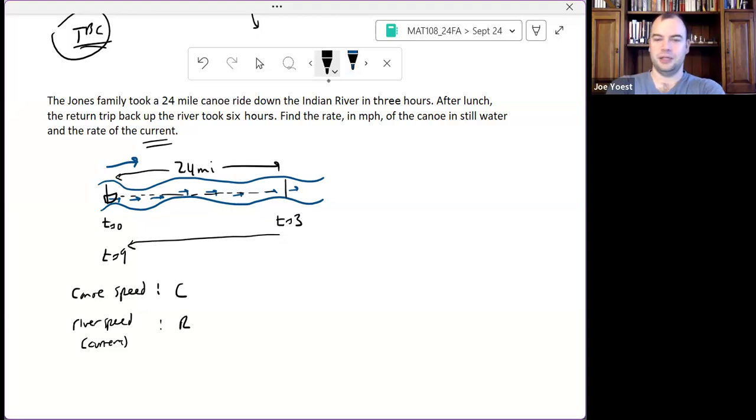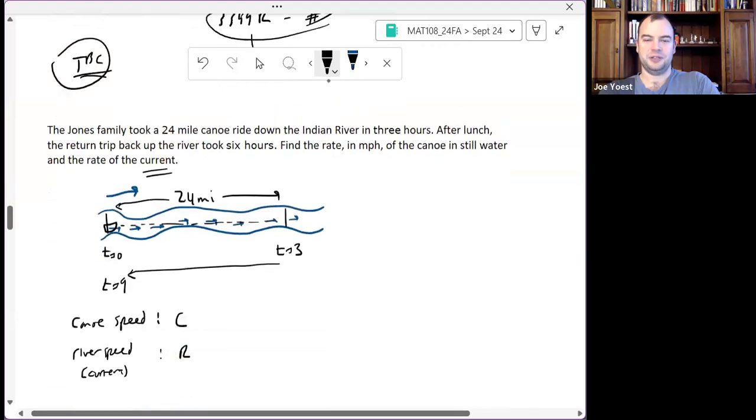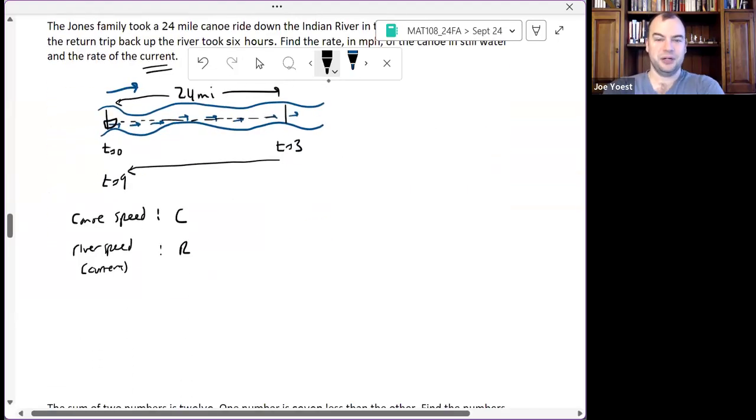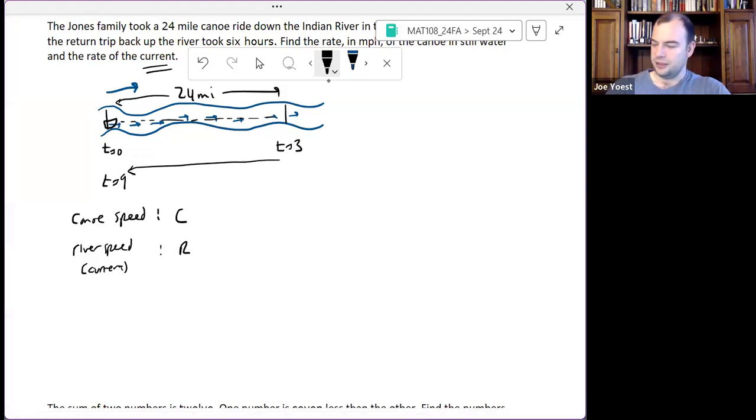So we interestingly have the same two variables as our previous example, c and r, but here they stand for canoe speed and river speed rather than chicken and rice.